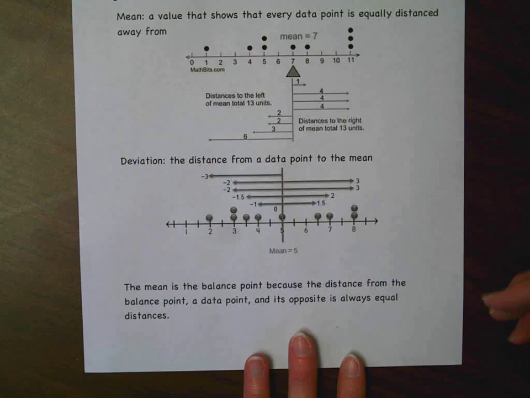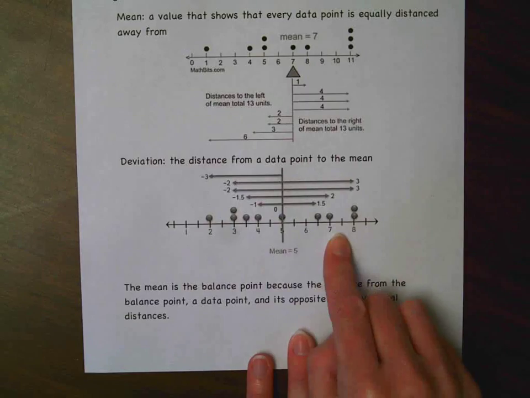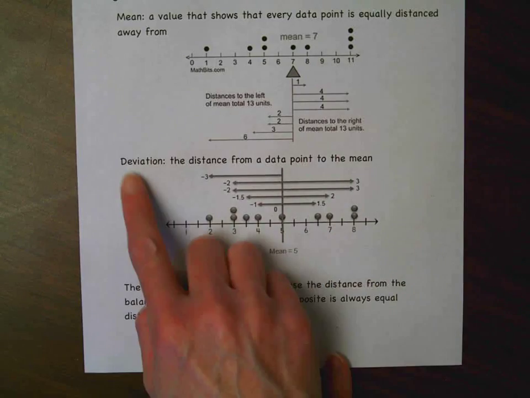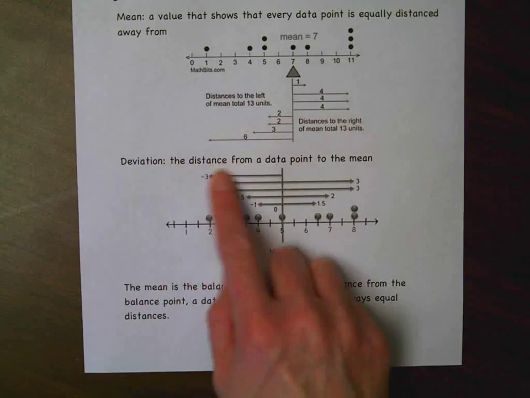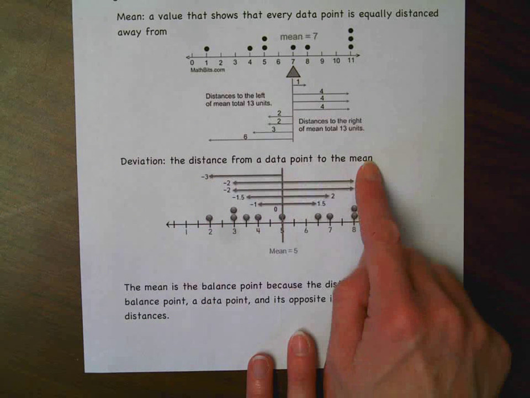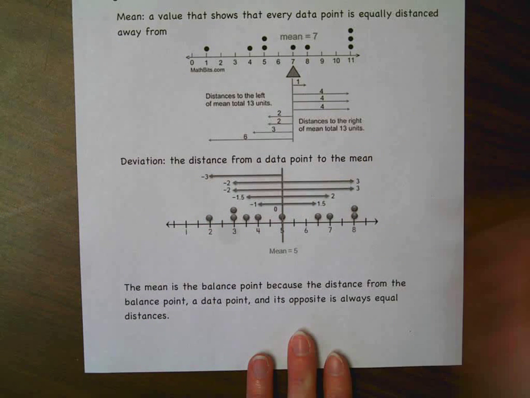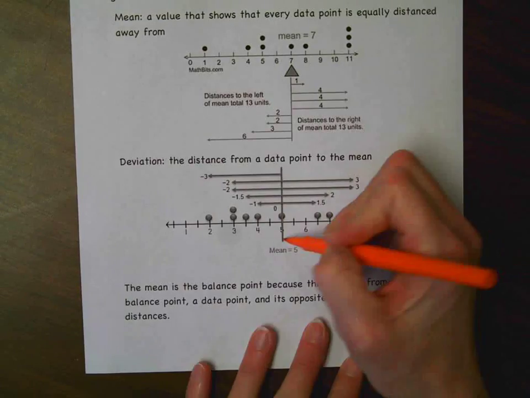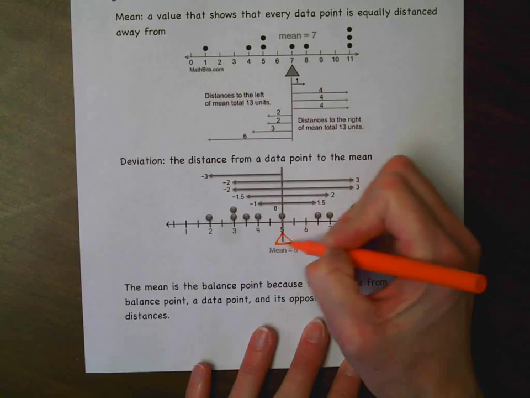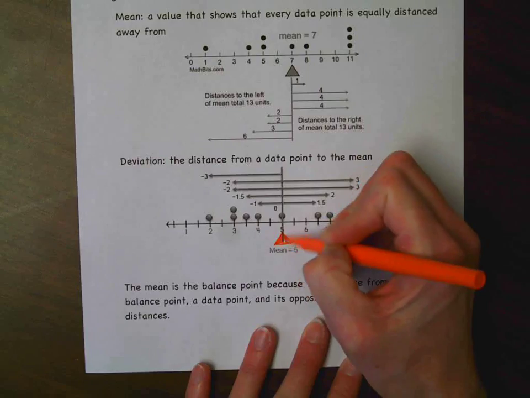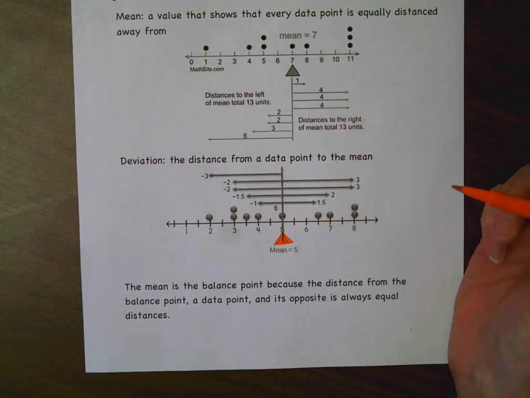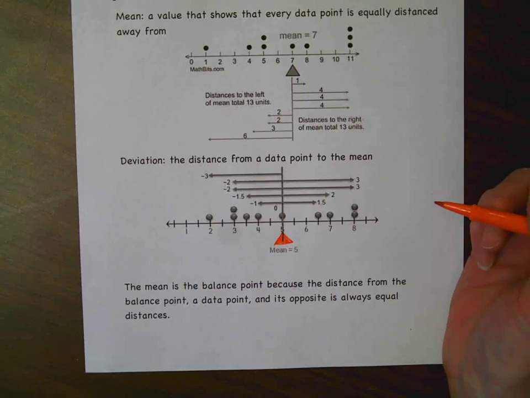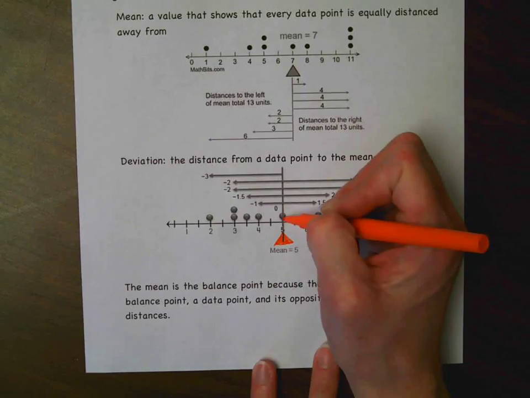Okay? So another example of that is the next one, new graph, okay? And remember that the deviation is the distance from a data point to the mean. Again, the mean is our balance point, so we would draw a triangle under the 5, okay? So here's our balance point right here. And then your job is to figure out what is the distance from the balance point to each one.